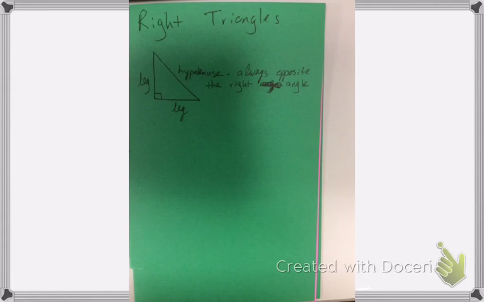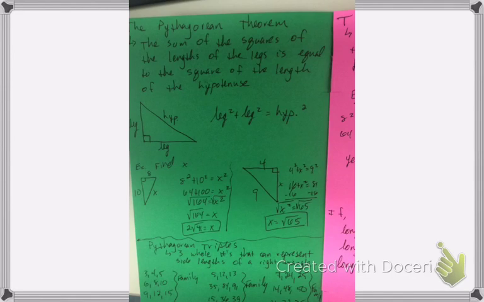Okay? Now, understanding that, we can start to talk a little bit about different theorems and things that we find with right triangles. And so if you open up your book, the very first page of your book is going to be dedicated to what's called the Pythagorean theorem. Now, I don't think this is the first time you've heard the Pythagorean theorem, but this may be the first time ever hearing it given to you in a very specific way.